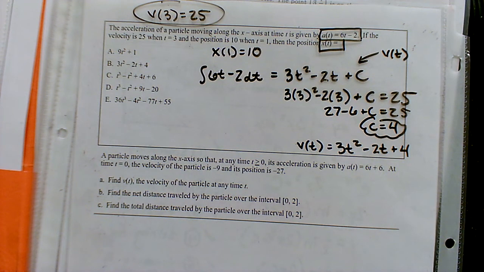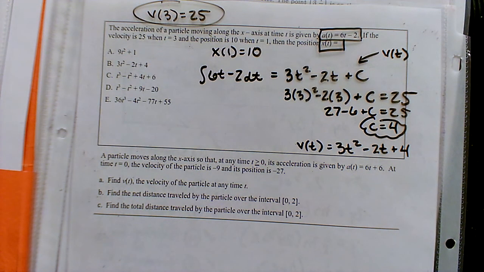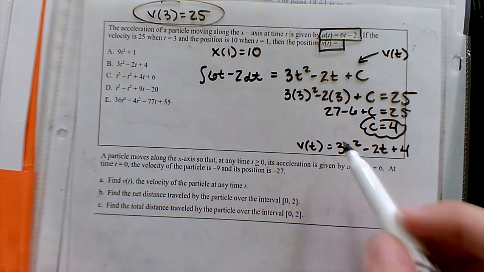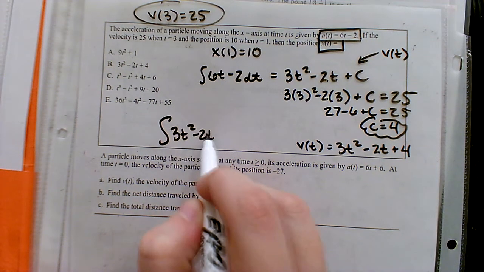Now, since this is a multiple choice question, maybe we can start to take a guess as to what the answer may be. If this is the velocity function, we would have to work backwards again, integrate this to get the position.